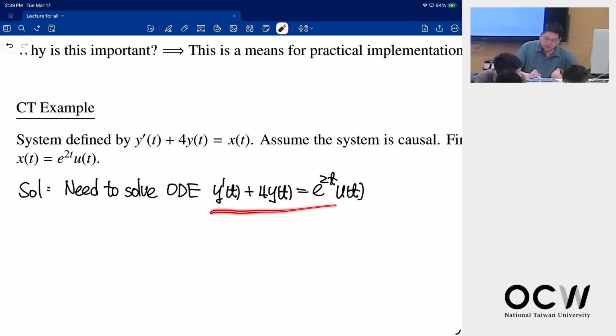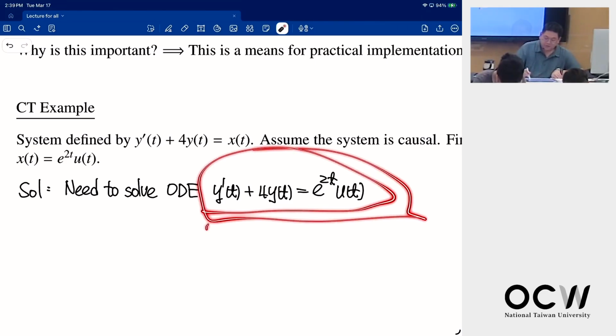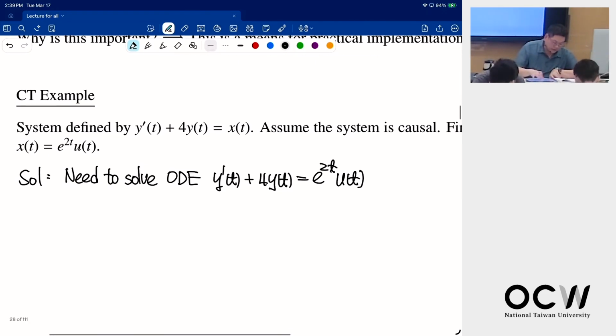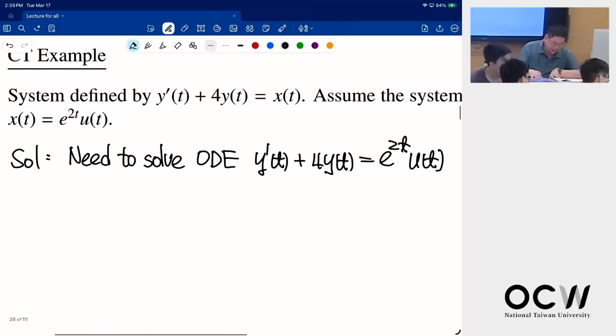How do you solve this ODE? We need to set it into two parts, right? Let's see if you really learned engineering mathematics well. How do you solve this ordinary differential equation? Yeah, we need a homogeneous solution.